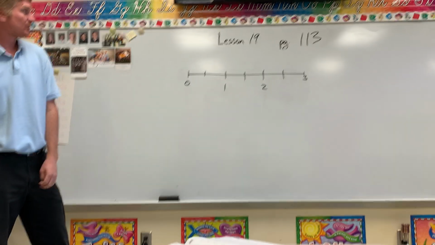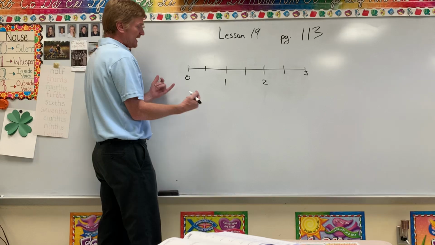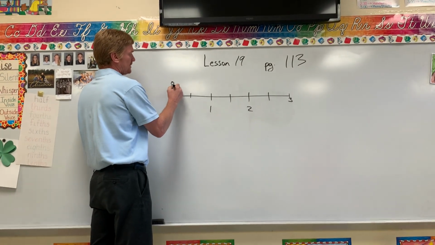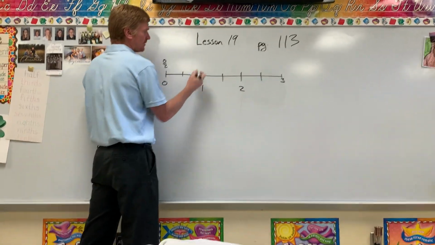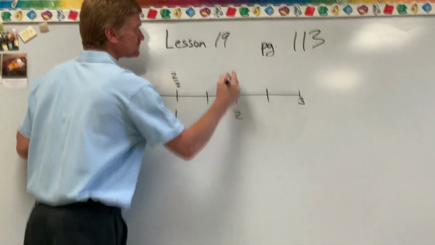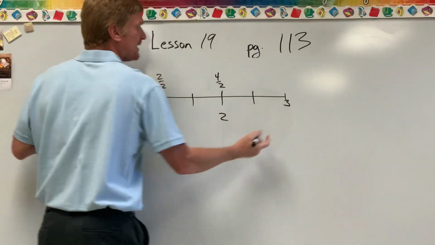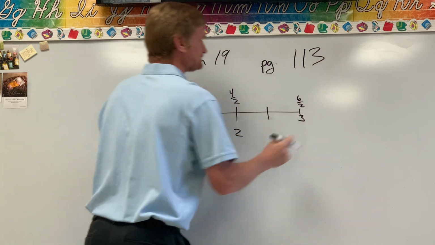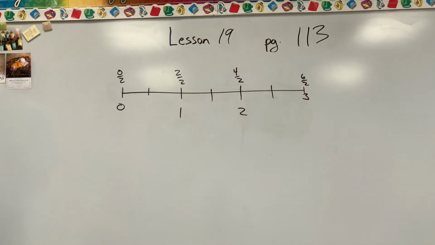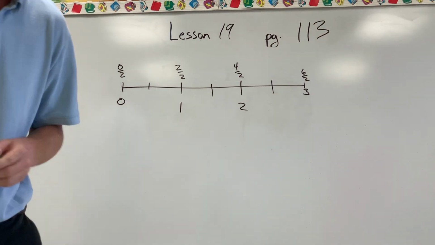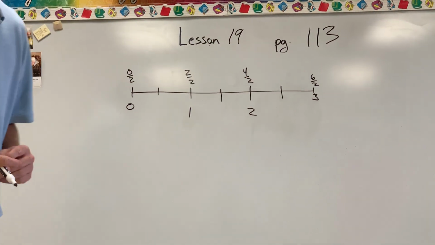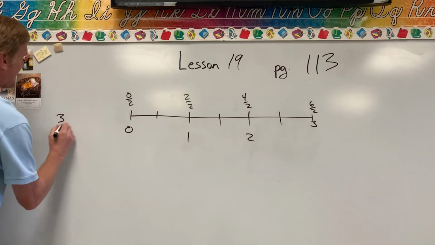They want you to label the whole numbers. So since we're halves, 2 would be our bottom number. At 1 would be 2 halves, 4 halves, and 6 halves. All right, so they wanted you to label those. And now we need to find out where 3 halves is going to be. That's our first choice. 3 halves.